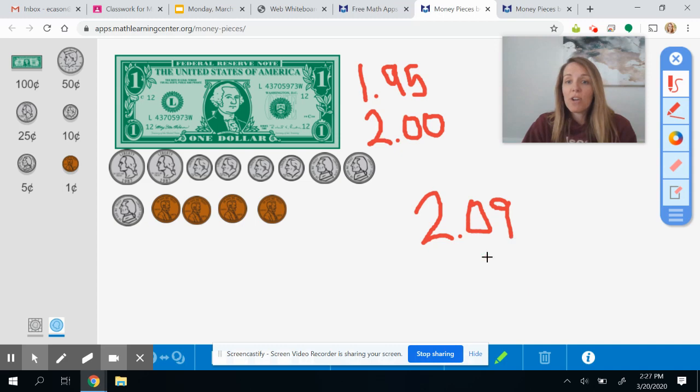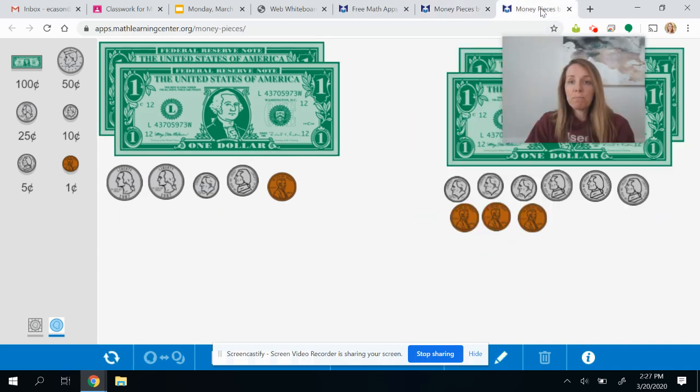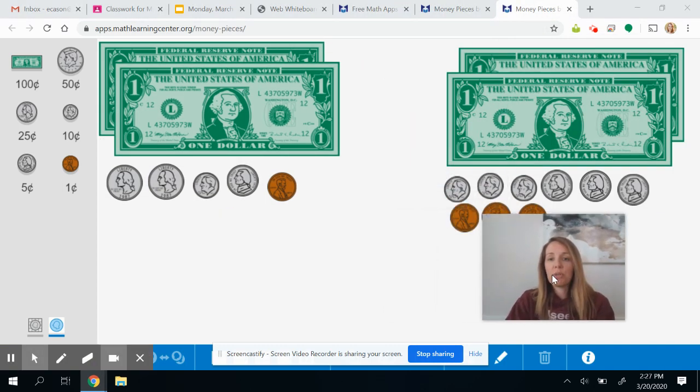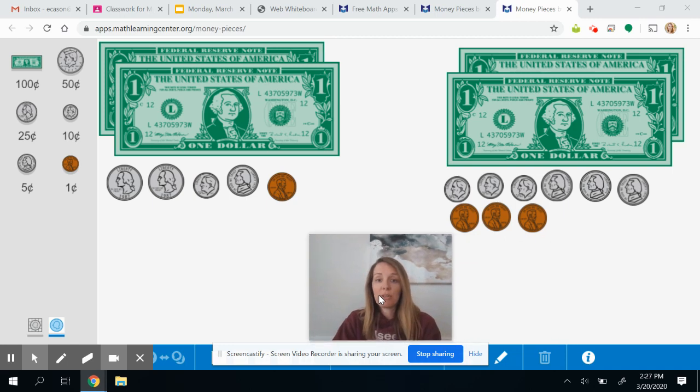Okay, great job. So now what I want you to do is we're going to look at two different pieces of money, two different sections of money, and I want you to now compare them. So here's what I want you to do again. I want you to pause the video again, and I want you to count each section. So this is one person's money. This is another person's money.